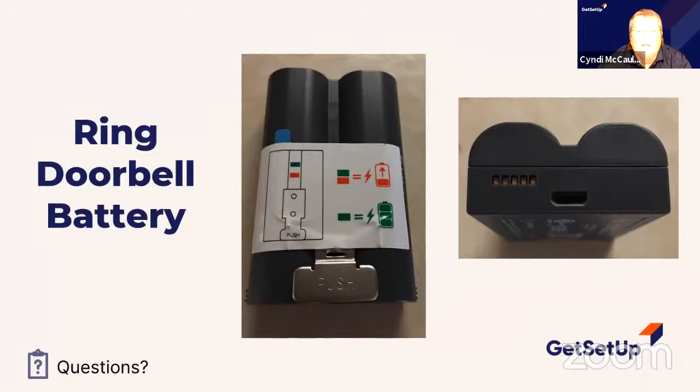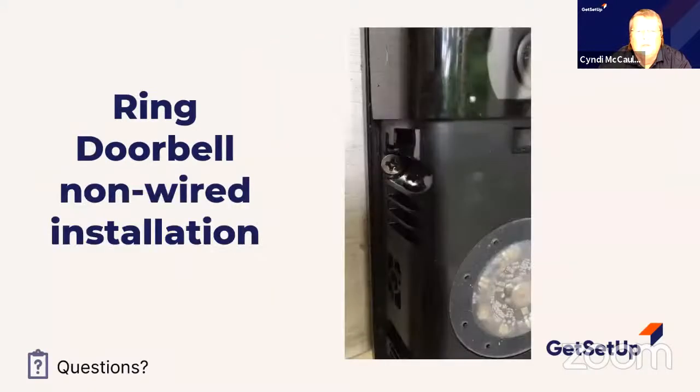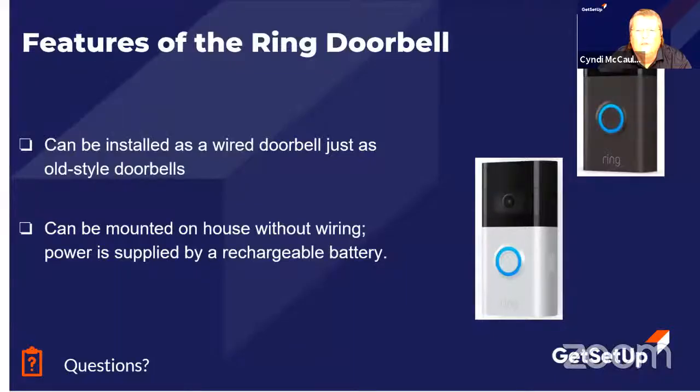One thing, let me back up here just a couple of slides. Just looking at these, these are the covers, and you can get them with the silver on it, or they come with black, depending upon what your house color is, or just whatever your preference is. These covers come off by just lifting up from the bottom, pulling outward and sliding down. That's how they come off.